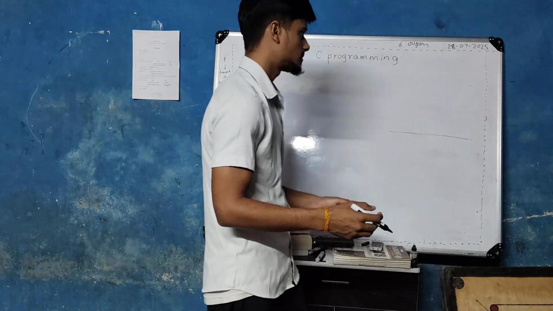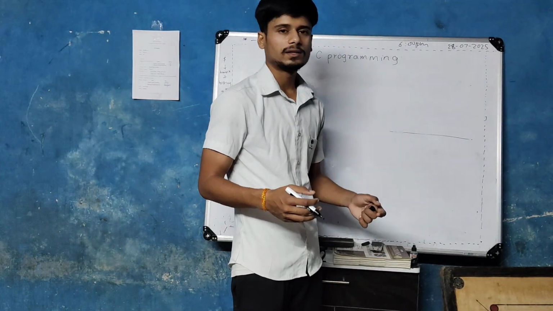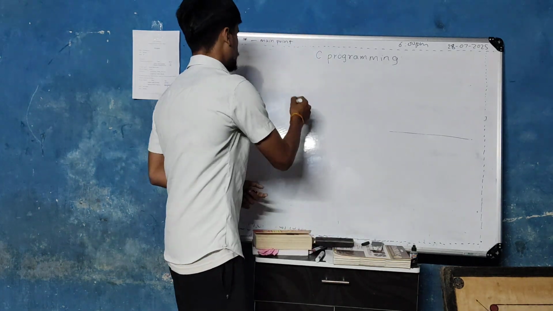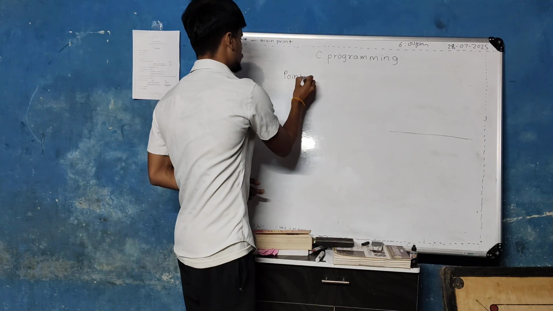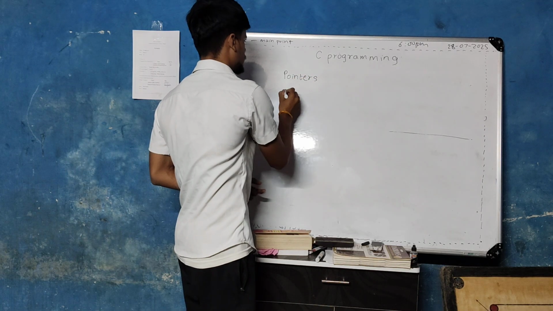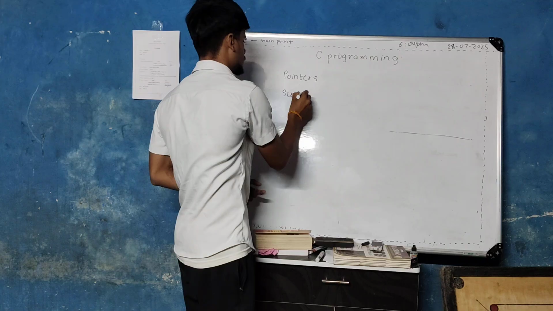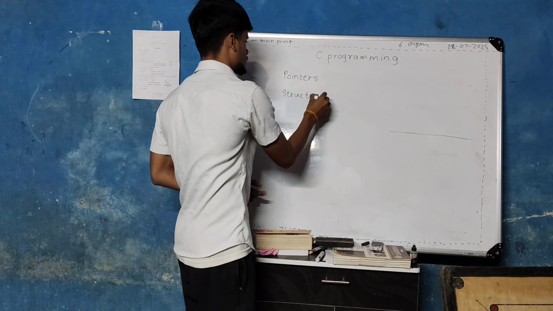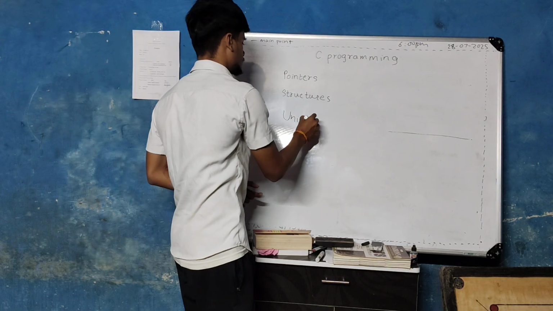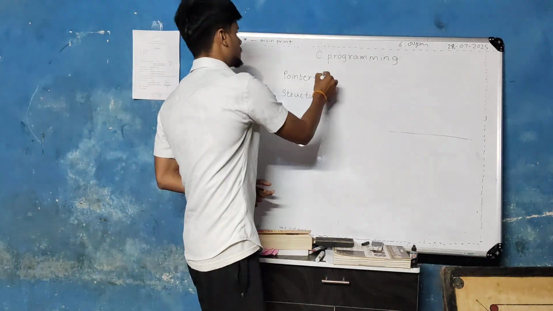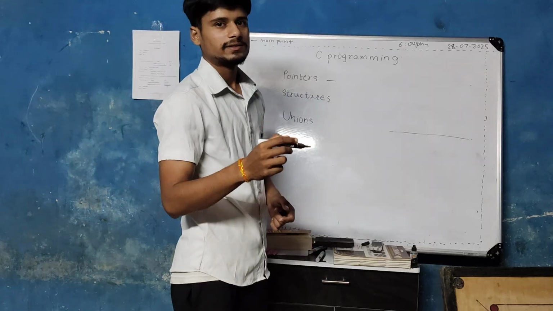So the concepts we are going to clear now are basically pointers, structures, and unions. Pointer: wherever you see an asterisk symbol.